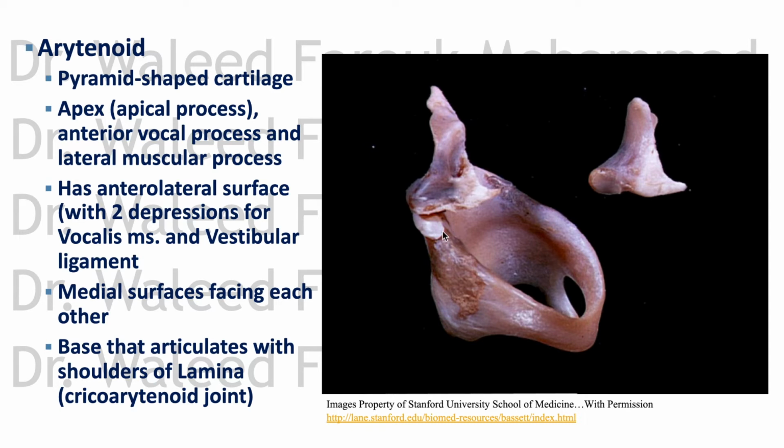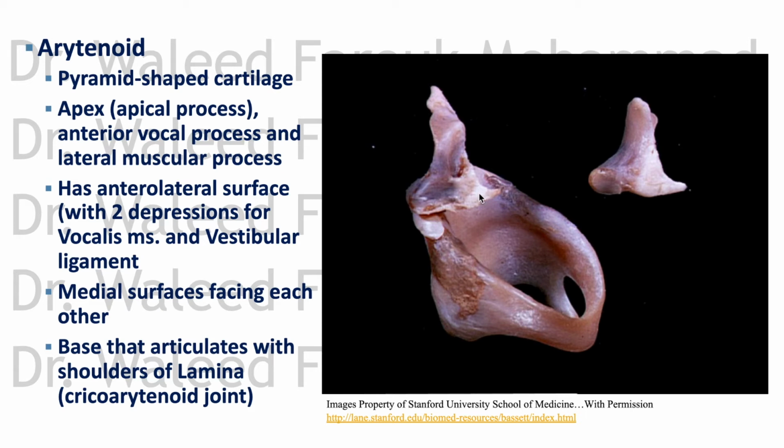Okay? And the base, of course, has a facet to articulate with the shoulders of the lamina. This is an important cartilage. It slides on the shoulders of the lamina and it goes medial and lateral, rotation. It has an axial movement, medial and lateral, and it has a sliding movement on the cricoid cartilage. Of course, you expect that the sliding movement outwards and lateral rotation of the vocal processes will open the space between the vocal cords.